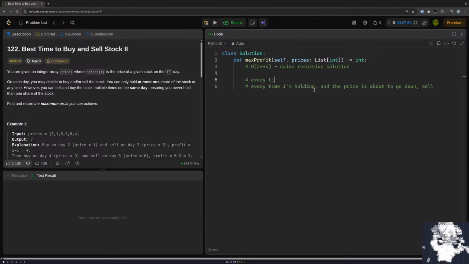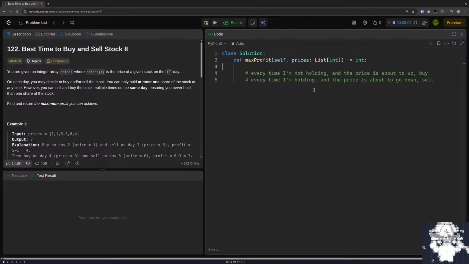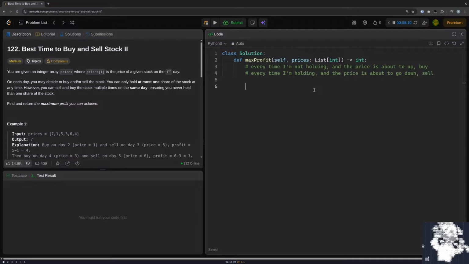And every time I'm not holding and the price is about to go up, buy. Okay. This should be O(n) time and O(1) extra space.